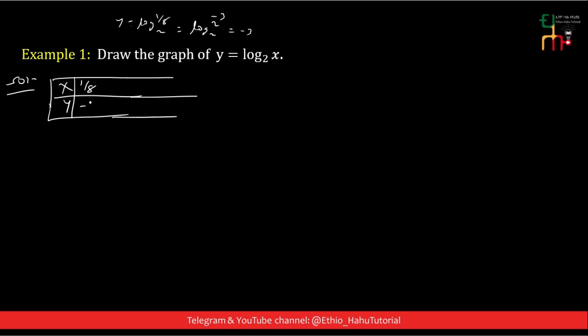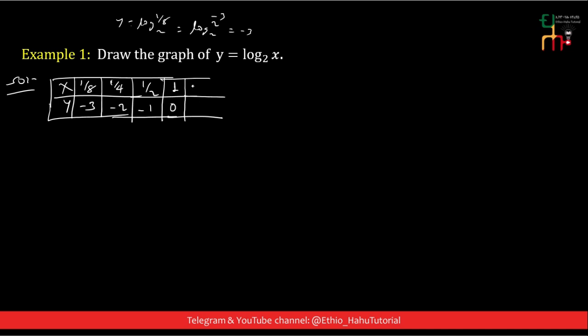This is minus 3. When x is equal to 1 over 4, logarithm of 1 over 4 to the base 2 is minus 2. When x is equal to 1 over 2, logarithm of 2 to the power of minus 1 to the base 2, that is minus 1. When x is equal to 1, y is 0.